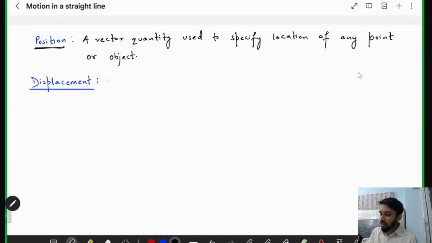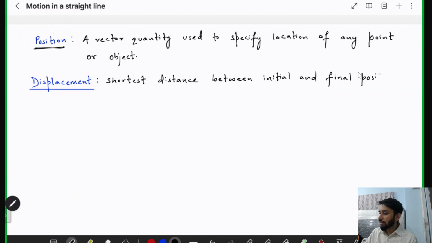Displacement is simply the shortest distance between initial and final position, right?